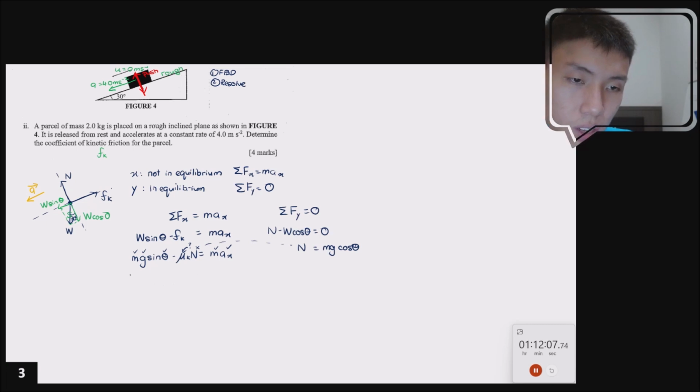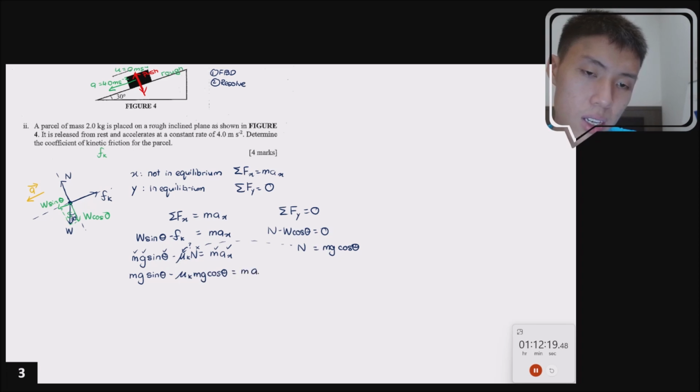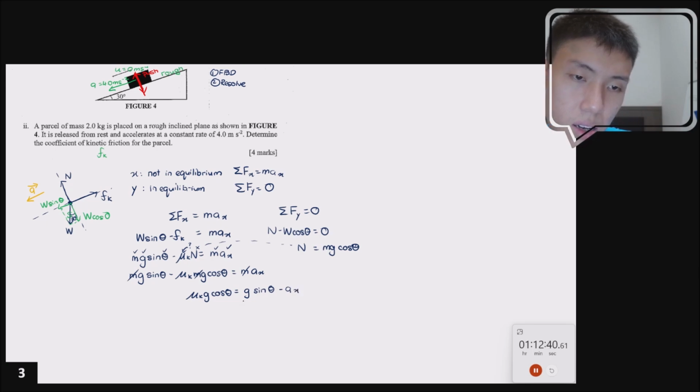Okay, so let's substitute. mg sine theta minus mu k mg cos theta equals max. Oh, we notice that all of them have mass, so we can cancel the mass. And now you can move around your subject. mu k g cos theta is our subject. The rest goes to the other side. g sine theta minus ax. Alright.